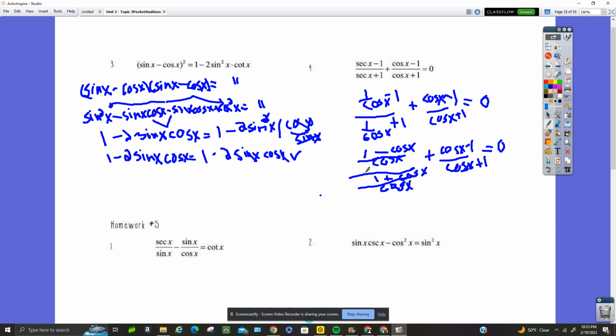And then if I multiply by the reciprocal here, then 1 minus cosine x over the cosine x's are going to cancel. It's going to go away.